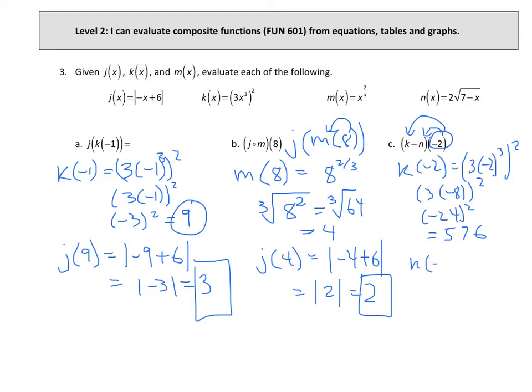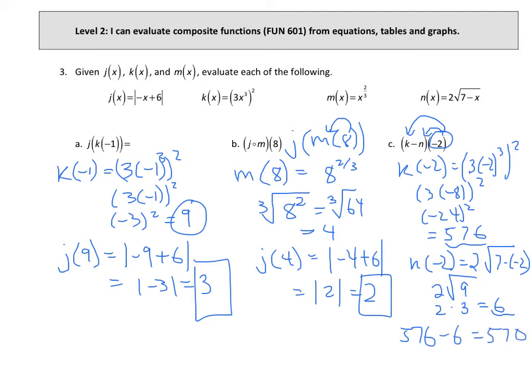So n of -2 is 2 times the square root of 7 minus -2, which gives us 2 times the square root of 9, 2 times 3, which is 6. Now we take our two answers that we got and we subtract them. K came first, so 576 goes first, and then -6, and we get 570 for the answer.